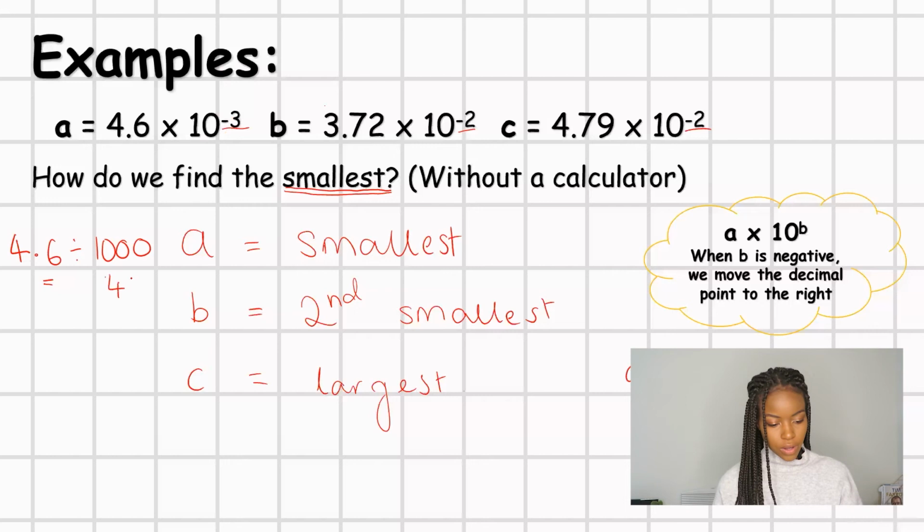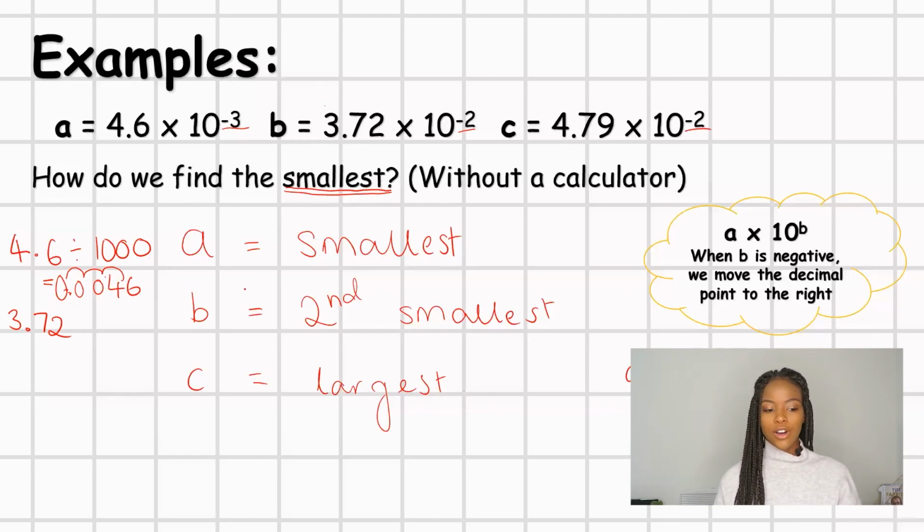So we have 4, 6, we have 1, 2, 3. So the decimal place is now here. We add a 0 before the decimal place and fill in the spaces. So it's 0.0046.